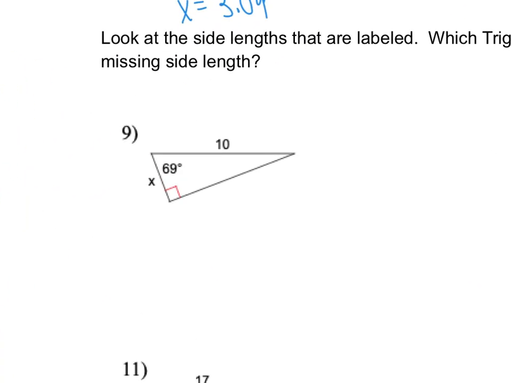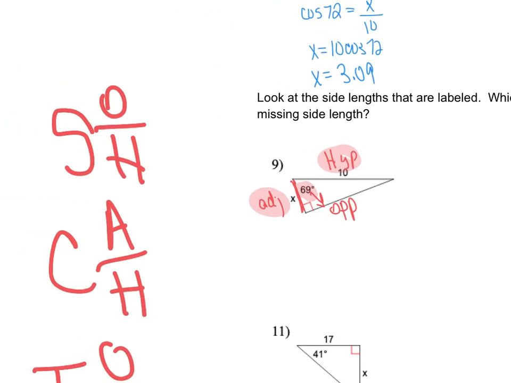Okay, so let's look here. Identify my angle: it is 69 degrees. I don't know anything about the side opposite of it. I do know that my hypotenuse is 10. And since this side right here is right next to my angle, this is the adjacent. If I know adjacent and hypotenuse, that is going to be cosine.